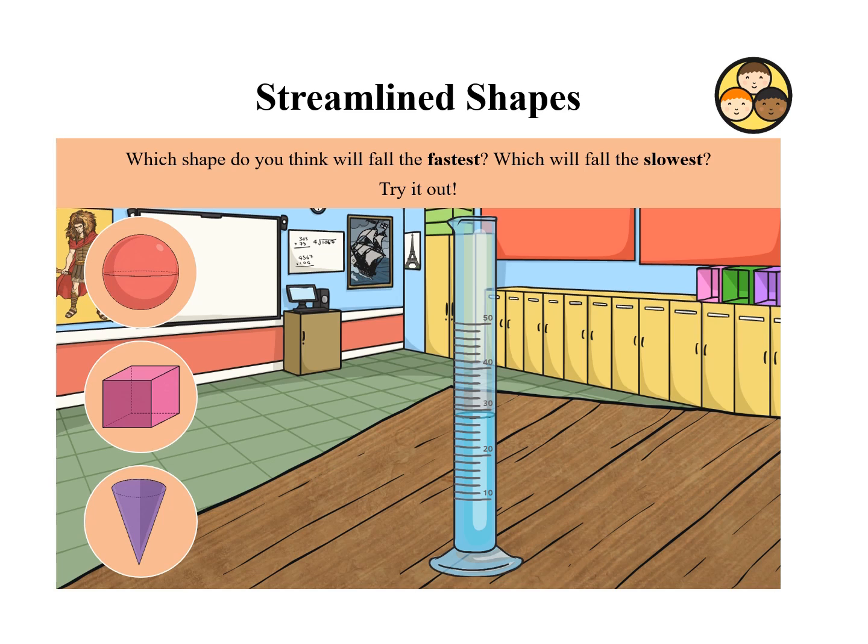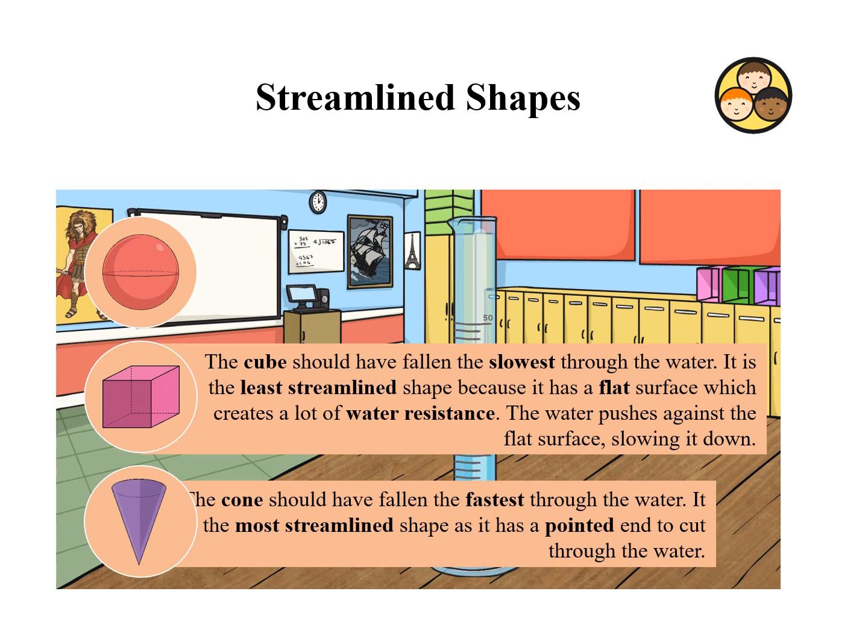Have you done thinking? Good, good job. This is my answer. I hope that you have the same answer as me. Okay, the cone should have fallen the fastest through the water because it's the most streamlined shape, as it has a pointed end to cut through the water.